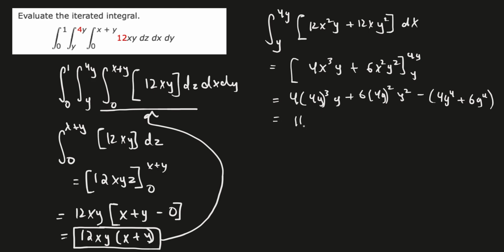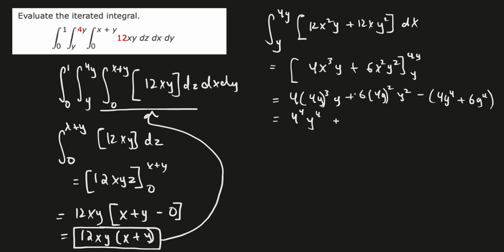So this is 4 to the 4th y to the 4th. If you see what I did there, 4 to the 3rd, and then y to the 3rd times 4 is 4 to the 4th, because 3 plus 1 is 4. Really, it's going to become y to the 4th, actually. And then we will have plus 6 times 4 squared.